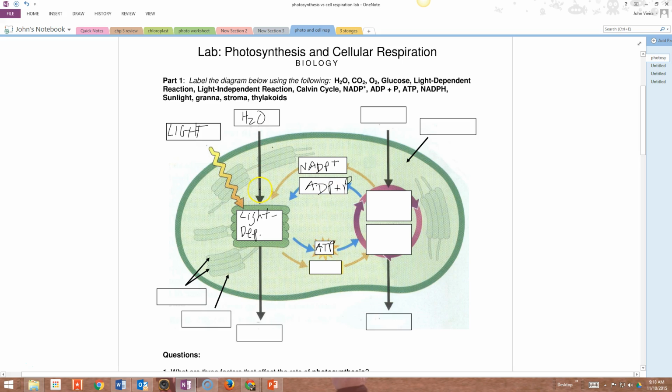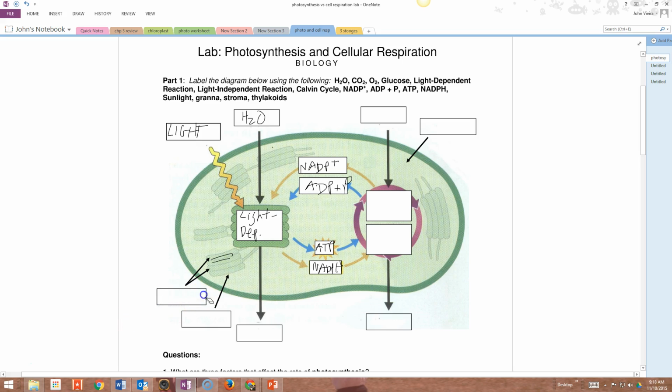When we strip off the electrons from water and add them onto NADP+, it turns into NADPH. That's an electron carrier. What are those little stacks of pancakes where the light-dependent reactions occur called? Oh, the whole thing is called the gran. Sorry, hold on. That one is the whole stack, so we'll call this a gran.